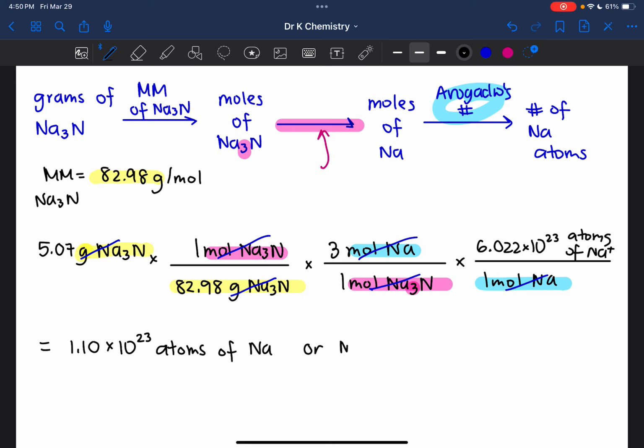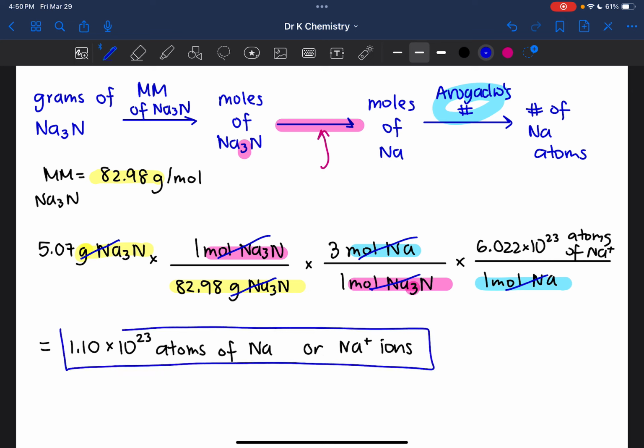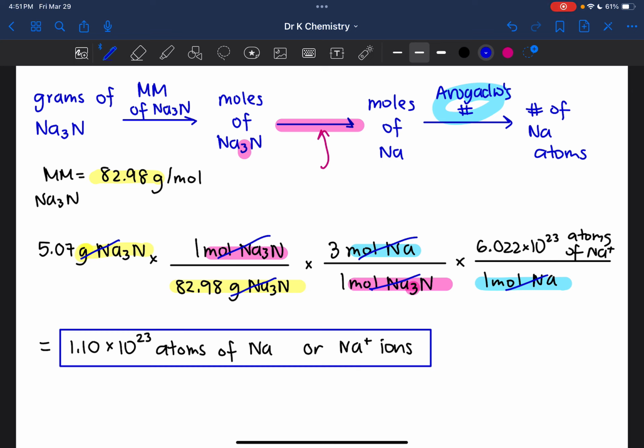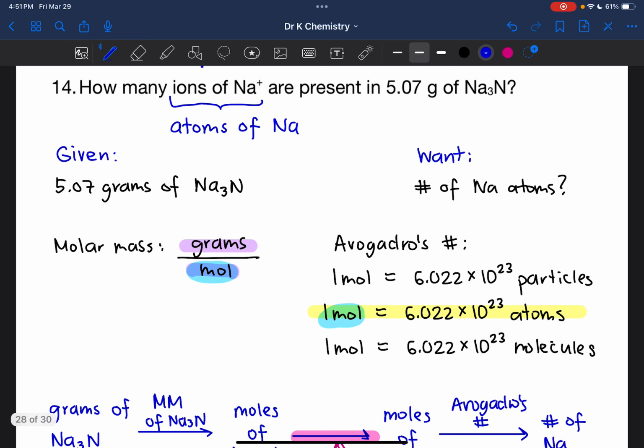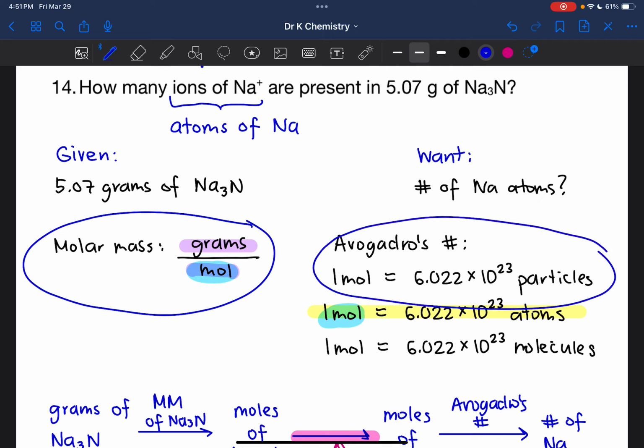Or you could say sodium ions. Up to you how you want to handle that. All right, so just remember, molar mass is going to take you between grams and moles, and Avogadro's number will take you between moles and the number of particles.